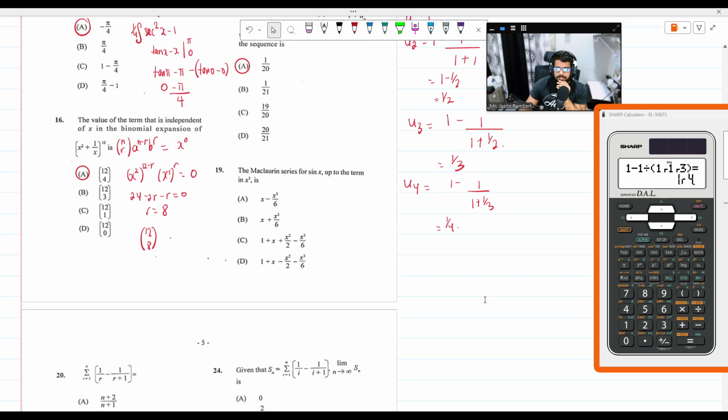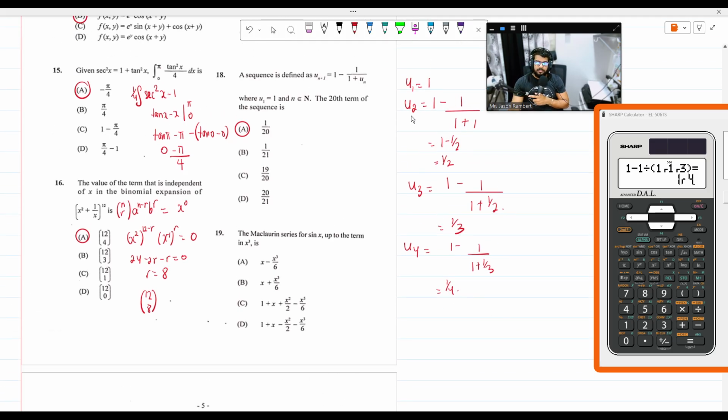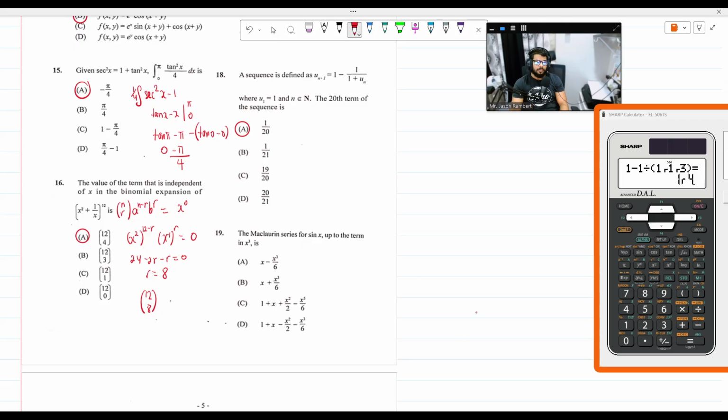The Maclaurin series for sine x up to the term in x cubed. Now, this is one of the series that I hope you would all have etched in your memory by now. And if you didn't, we will still go through the expansion for it. So f of x is equal to sine x. The first derivative is equal to cos x.